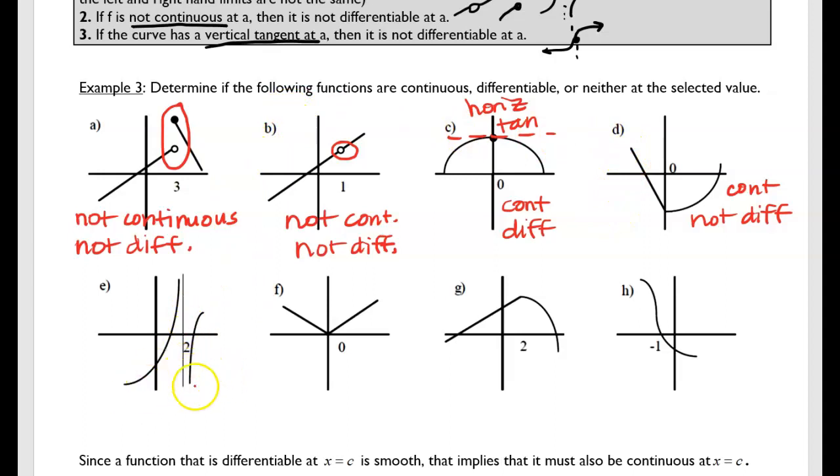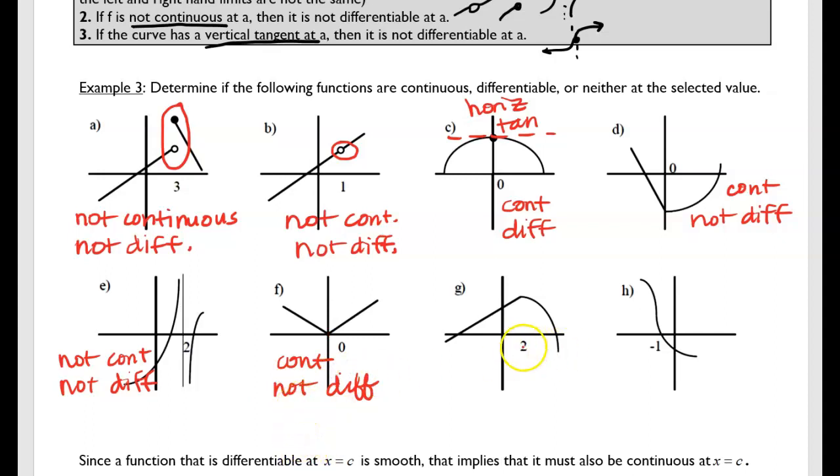Okay, for E, I see I have a vertical asymptote at x equals 2. So this is not continuous, which automatically makes it not differentiable. F, I have one of my absolute value type graphs. It is continuous. I don't see any holes or jumps or anything like that. However, because I have that corner at 0, it is not differentiable.